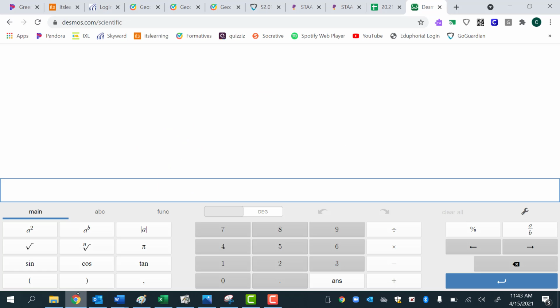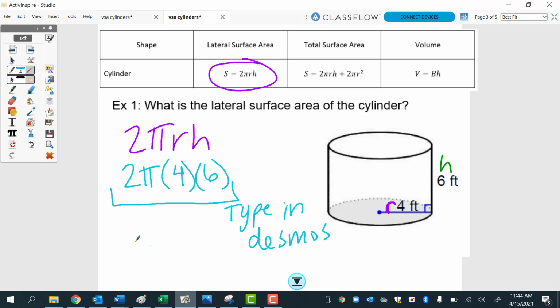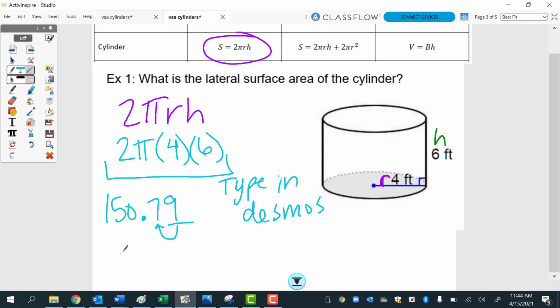We're typing 2, we push the pi button, times 4 times 6, we get 150.79. So to the nearest tenth, we round. Does the 9 make the 7 bigger or keep it the same? Bigger. So 150.8 is our answer.